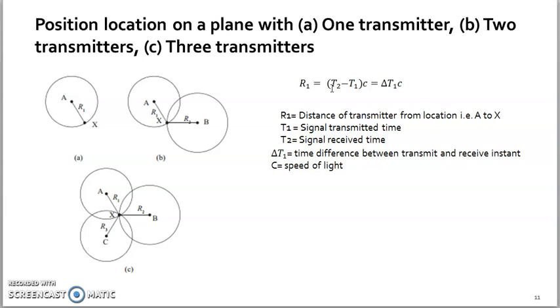So this distance of the transmitter from our location, that is R1 between A and X, is nothing but R1 is equal to (T2 minus T1) times C, and that distance is called the range of your transmitter and a location.